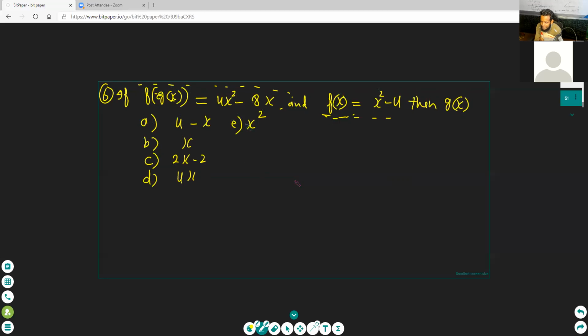You replace this g of x in this value and see if you can get 4x square minus 8x or not. These are cracking skills. Put this g of x first and see if you can get f of g of x. Replace x by x square and see if you get 4x square minus 8x. Which option will give you the answer 4x square minus 8x will be true. Okay, solve here.